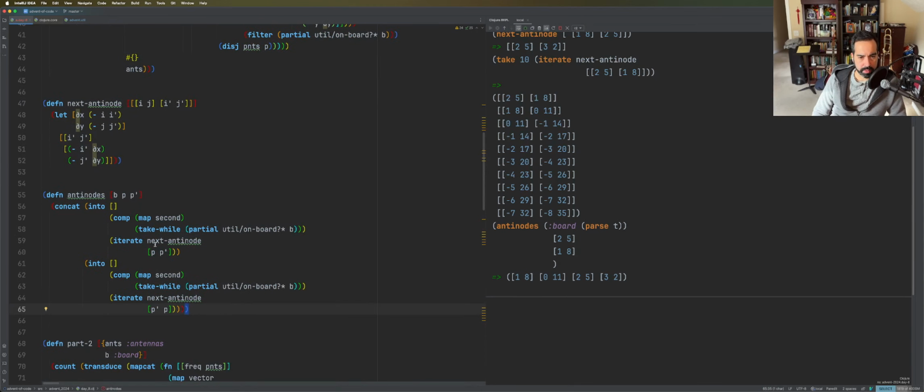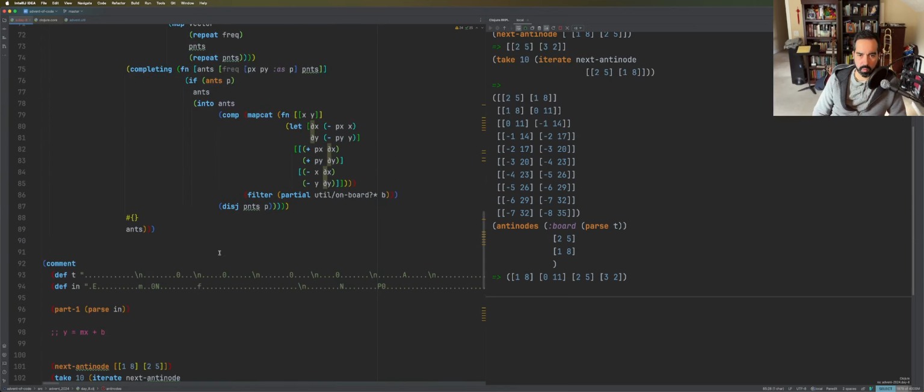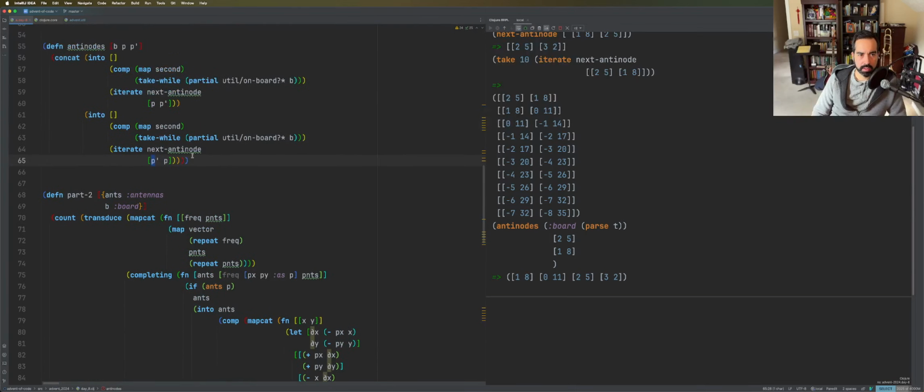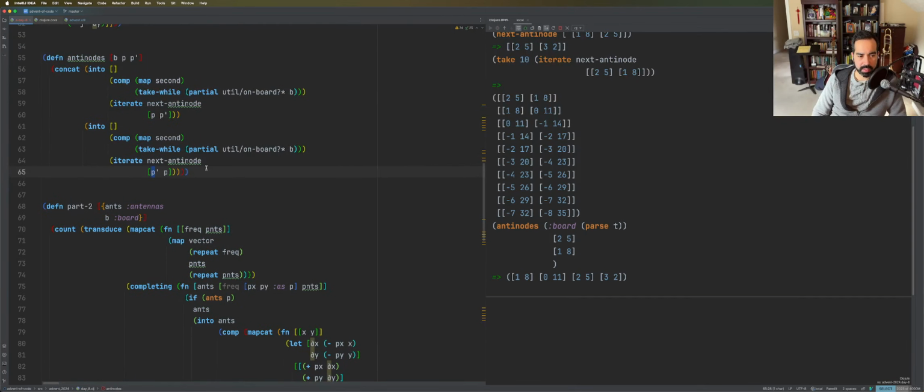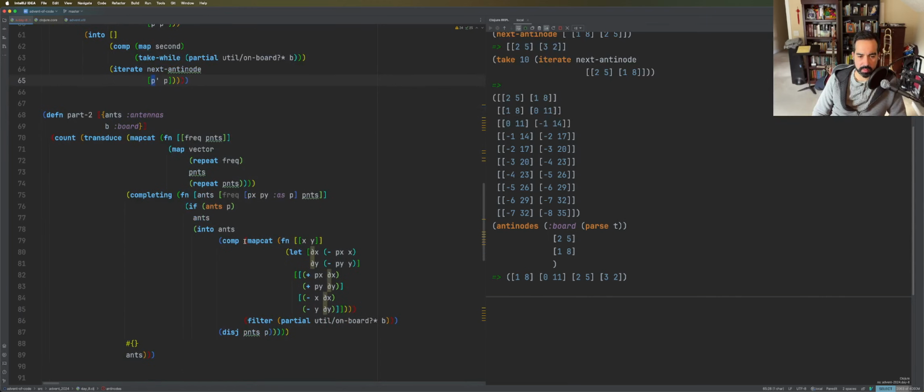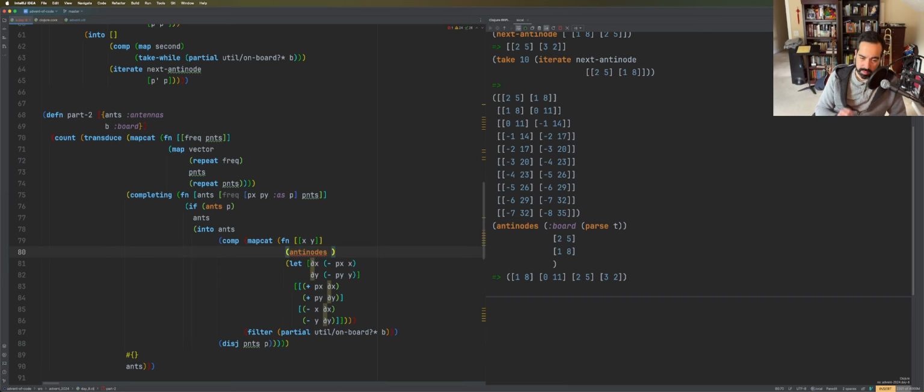I feel like there's a better way to... I mean, obviously this is all duplicated, right? Like all of this. The only thing I'm doing is switching this, but whatever. B, P, P prime. We need the antinodes of... this is gonna do extra work, but I think we're good.